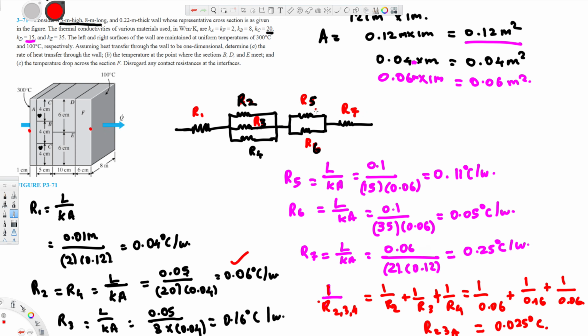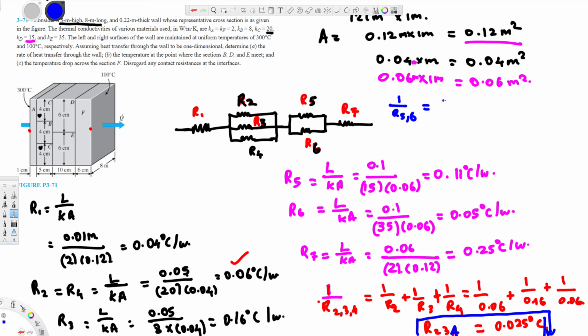Now again we have another parallel combination right here, so we have to add them like this. Let's go ahead and combine them. Here we are going to have 1 over R5,6. So R2,3,4 we calculated, now we are going for R5, R6.